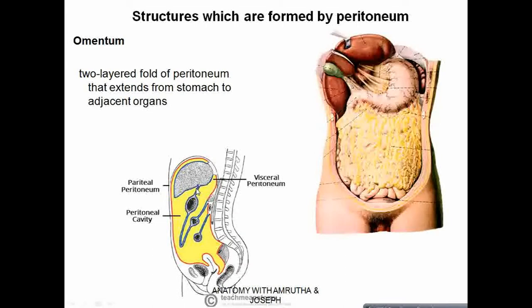So the lesser omentum can be seen here, and what you can see here is the greater omentum, which hangs down like an apron. As you can see, this is hanging down, almost occupying the peritoneal cavity, and that is reflected backwards. You cannot see that reflection backwards, but it goes and is reflected backwards, and then it gets attached to the transverse colon. So that we can see here, transverse colon.